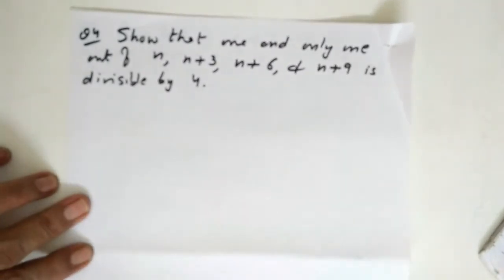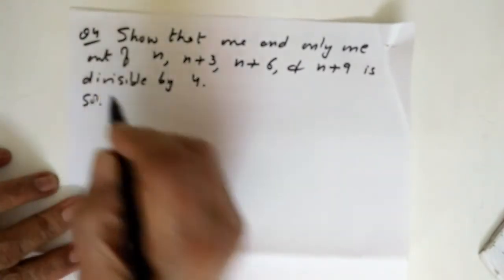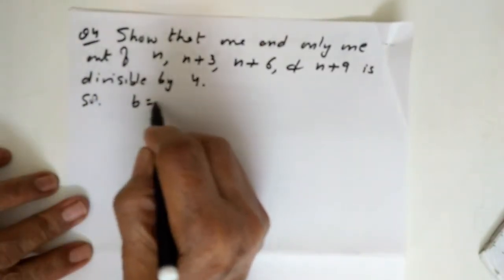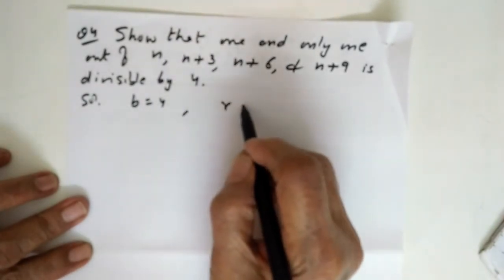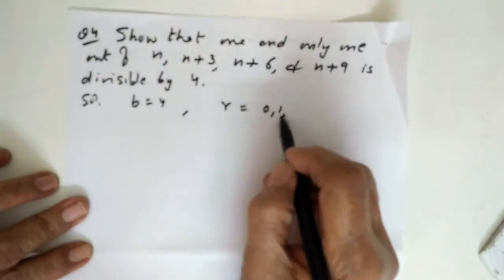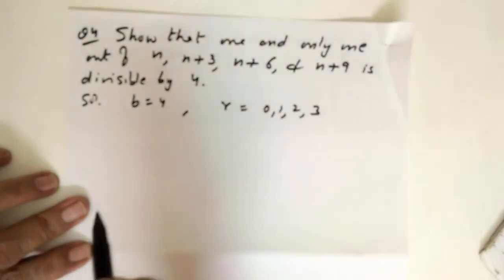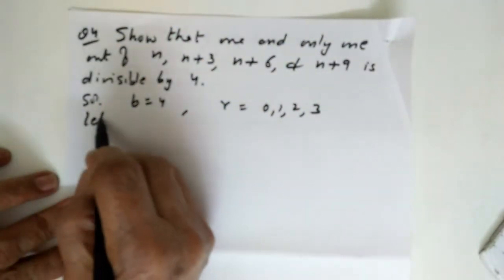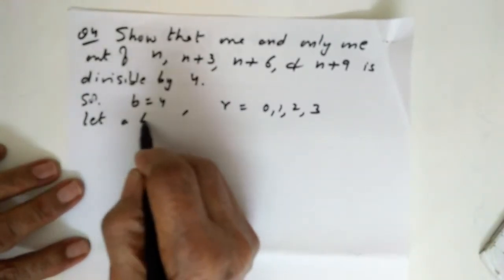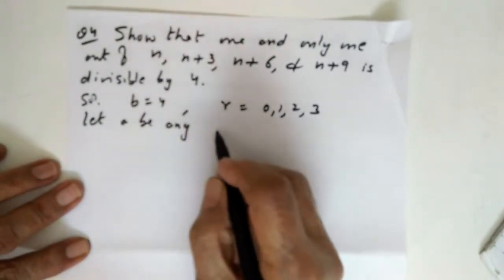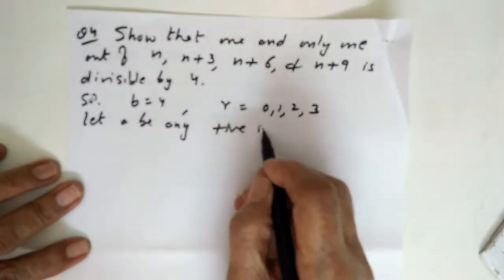Solution. Here b is equal to 4. Therefore, possible values of r are 0, 1, 2 and 3. Let n be any positive integer.